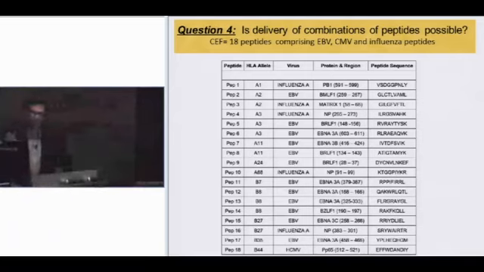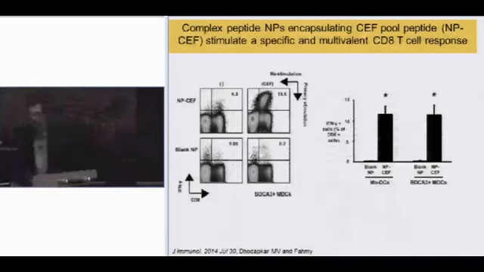What I'm showing you here is a panel of infectious agents, influenza, EBV, CMV, but there is also another panel of tumor-associated antigens called SOX, comprising approximately 32 different peptides that were encapsulated, and what we noticed was you get a specific response against each and every individual one of those peptides.